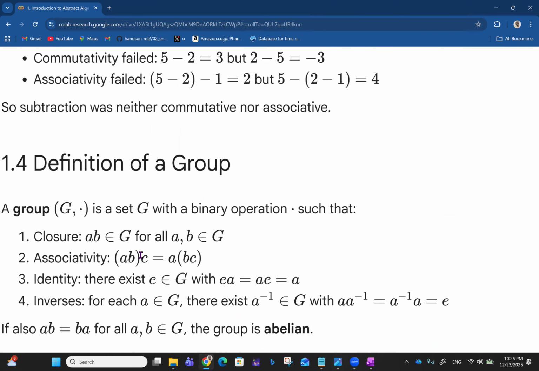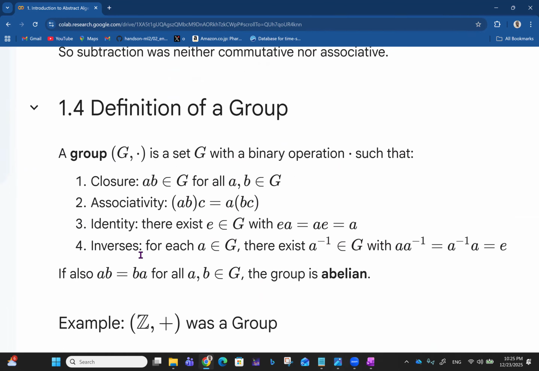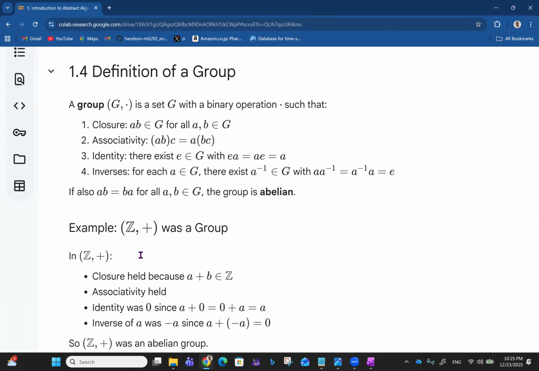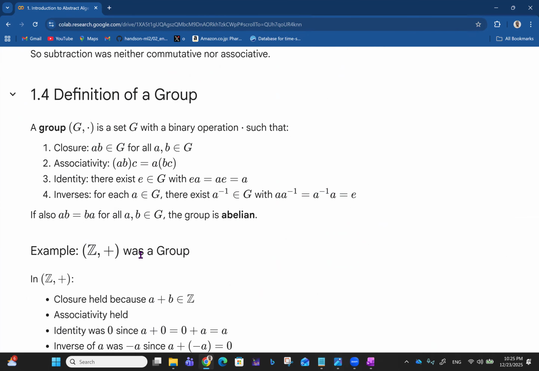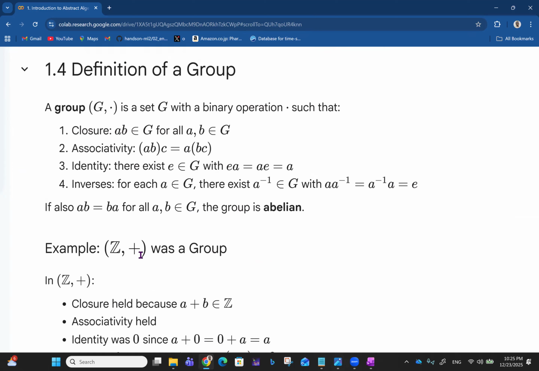So let's talk about the definition of a group. Like we already saw, abstract algebra is all about studying some algebraic structures like sets, groups, rings, fields, and all of that. So a group (G, star) or (G, dot). Now, you have to pay attention to this.